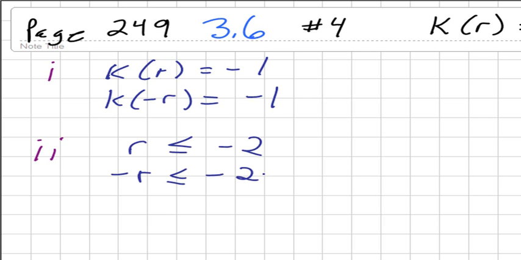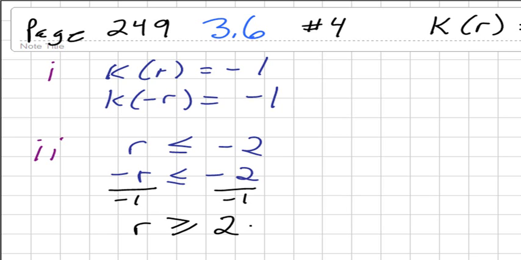I need to put this into positive notation, so I divide by -1. Remember, whenever I divide or multiply by a negative number when dealing with inequalities, I need to flip the sign. So this becomes r is greater than or equal to 2.